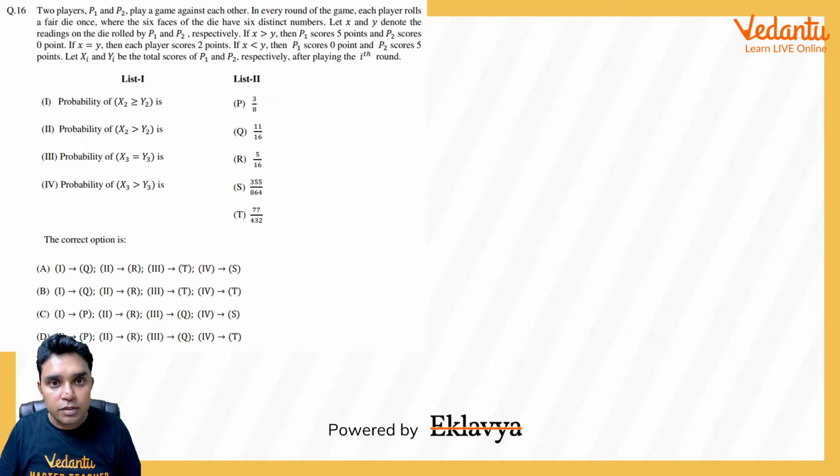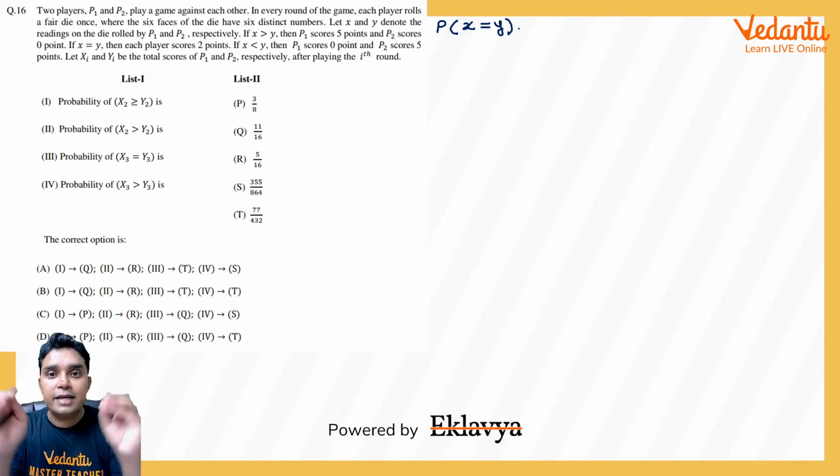Let us first solve this question. First of all, please understand each player rolls a fair dice once. Both are using the same dice and the dice has six distinct numbers. First, I would like to find the probability that the dice gets the same digits on both rolls. First P1 rolls the dice, then P2 rolls the dice, and both get the same number.